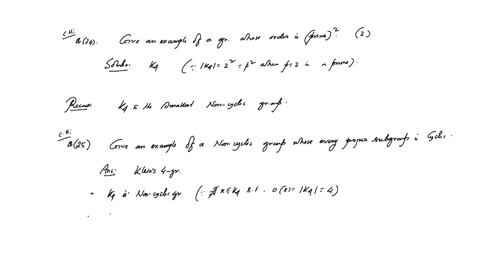And the second observation you will check is that every proper subgroup of K4 is cyclic. Okay. So these are the few questions you have been asked in examination. And it is also an example of a finite commutative group. Thank you so much.